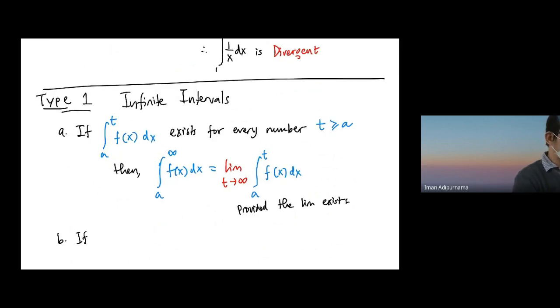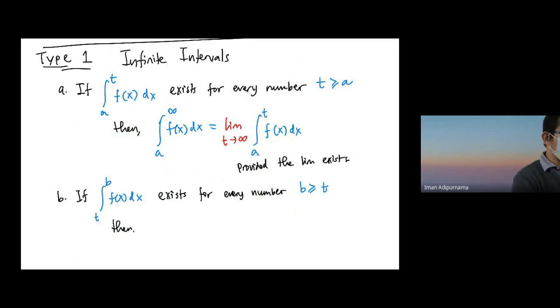And B, if you have integrations from t to b of f(x) dx, if this integration exists for every number t less than or equal to b, then the integration from negative infinity to b of f(x) dx is equal to the limit as t approaching negative infinity of the integration from t to b of f(x) dx.